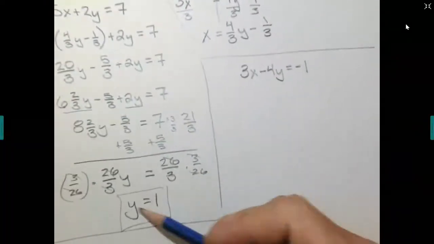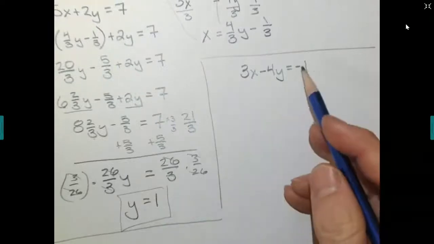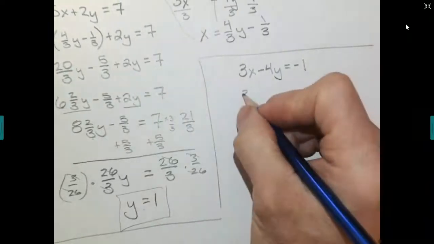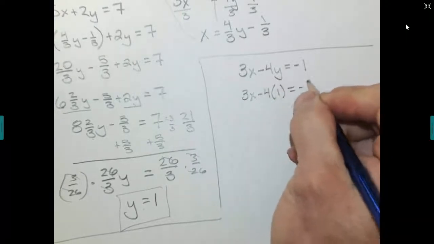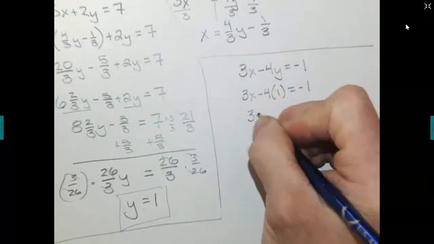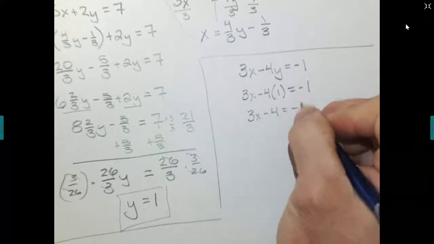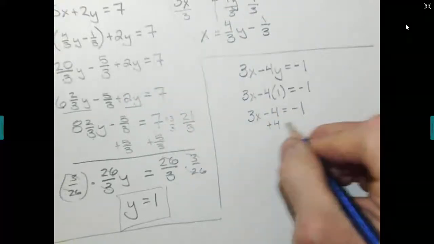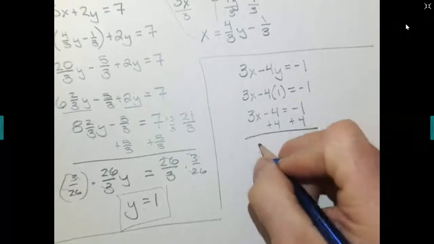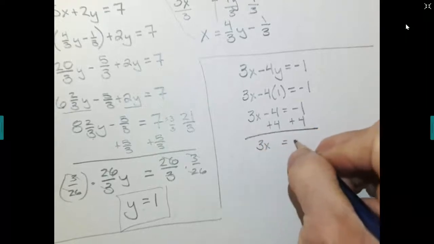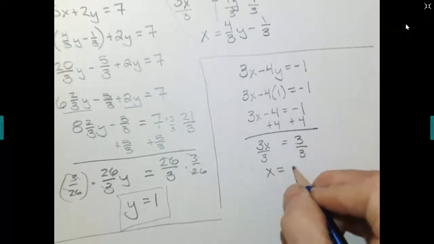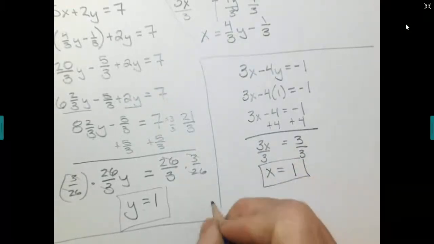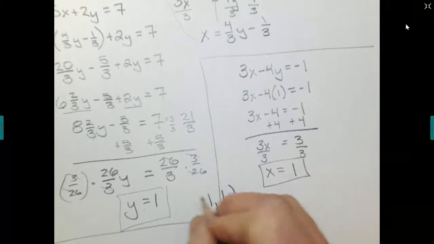So I plug my y value, which is 1, right in here. 3x minus 4 times 1 equals -1. 3x minus 4 equals -1. 3x equals 3. x equals 1. So I get 1, 1.